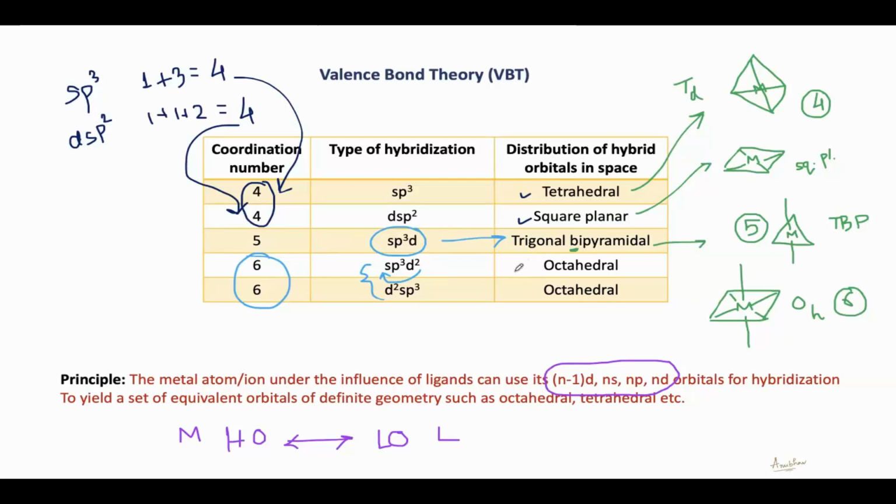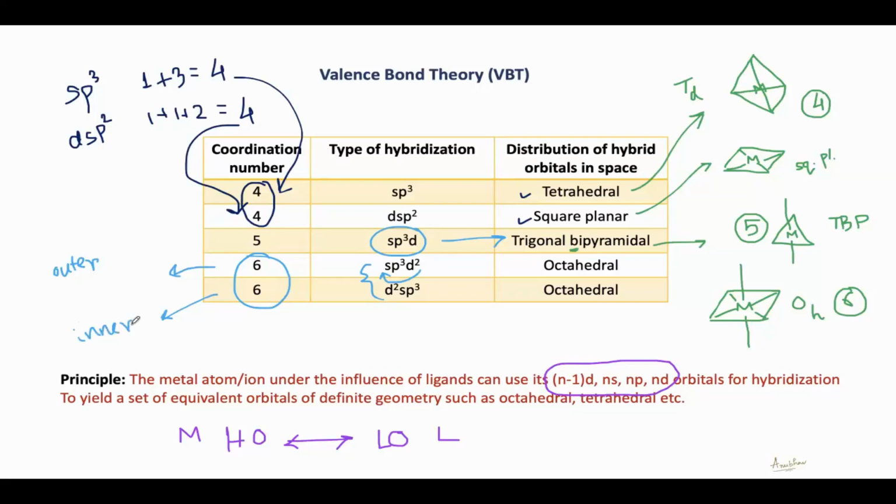Why is it so? Because I will talk about these things quite elaborately in our later slides. So basically the first one is the outer orbital complex, and the second one is the inner orbital complex. What is defined by these two terms we will discuss in the later slides.